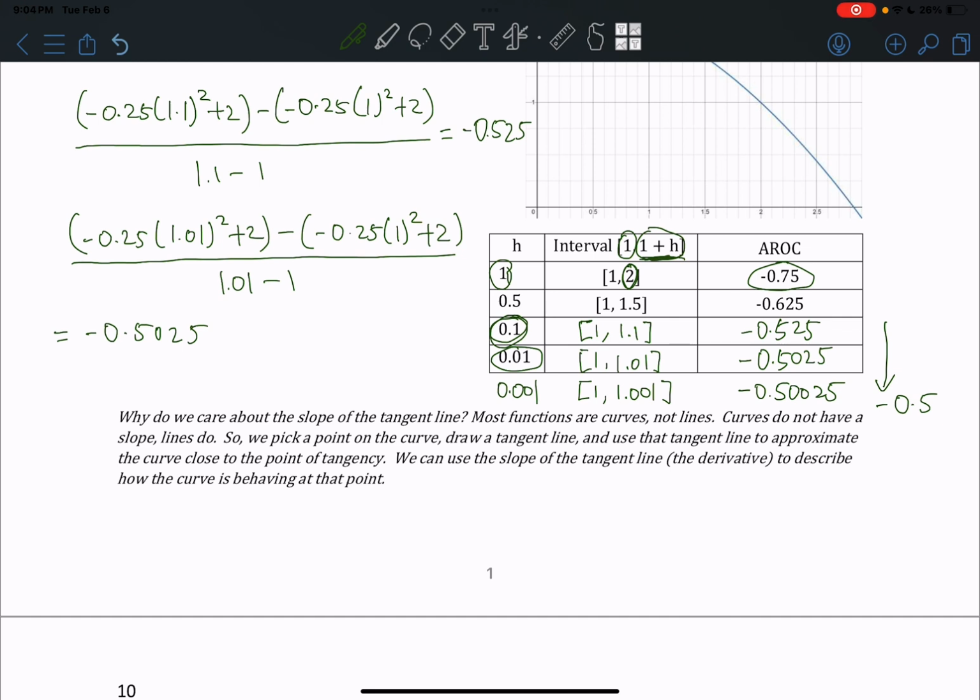There are a lot of nice things about tangent lines, and we'll learn more applications as we progress through the class. But really, it's a very important idea, because it will tell us a lot of information about the behavior of this function locally.